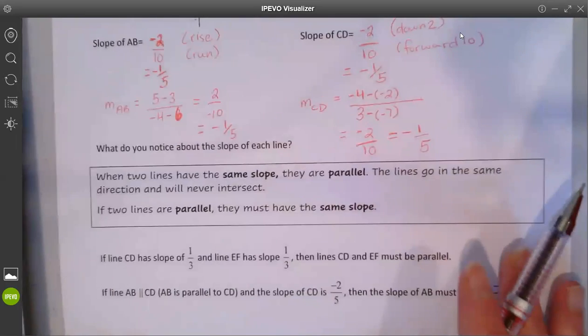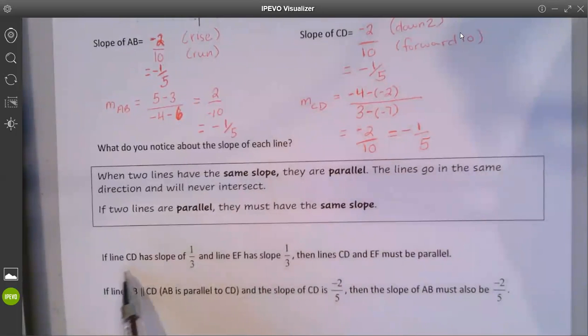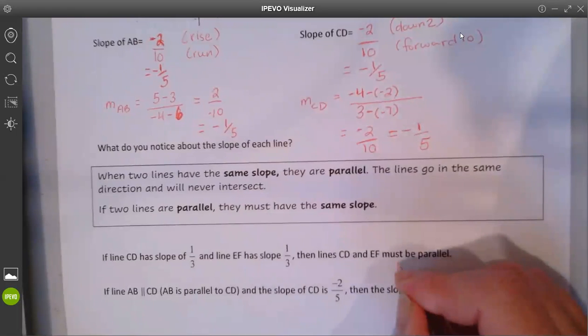And we conclude with some examples. If line segment CD has a slope of 1/3 and line segment EF has a slope of 1/3, the two lines must be parallel because they have the same slope.